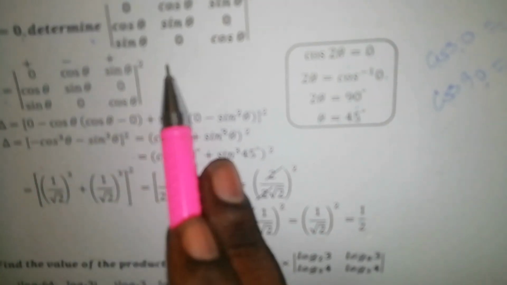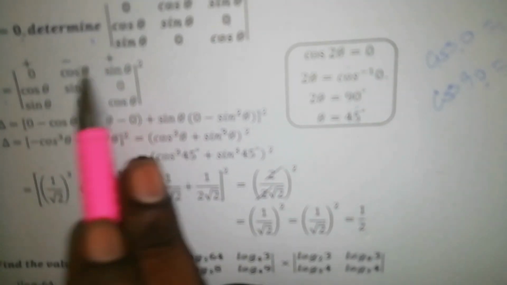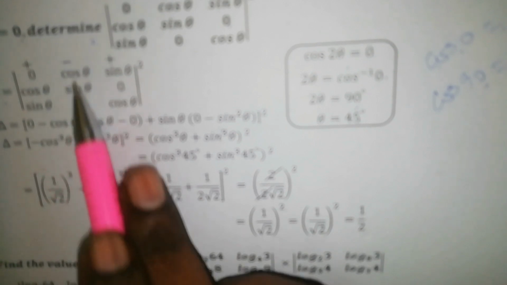Now, given the determinant delta, we can expand this first row wise. 0 into something is 0. So minus cos theta into cos theta, cos square theta, first row second column.